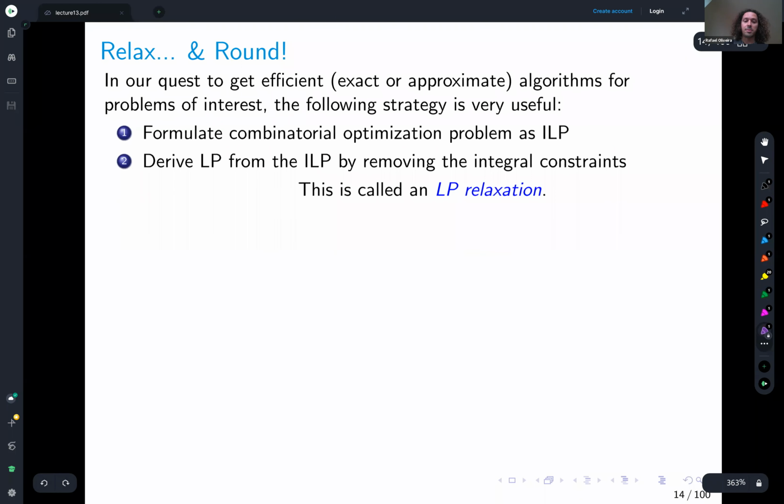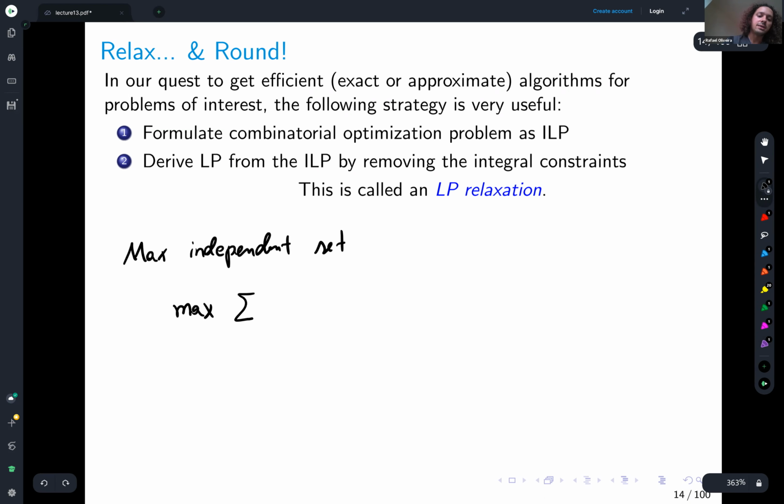So in the maximum independent set, what would we do? What did we have? We have maximize the sum of x_v subject to x_u plus x_v less than or equal to 1, for all uv in my edge set E, with v in the vertex set.